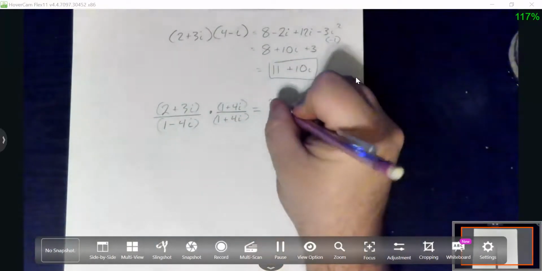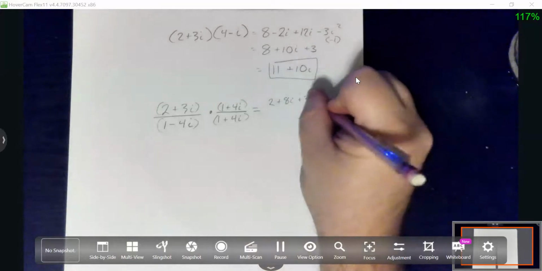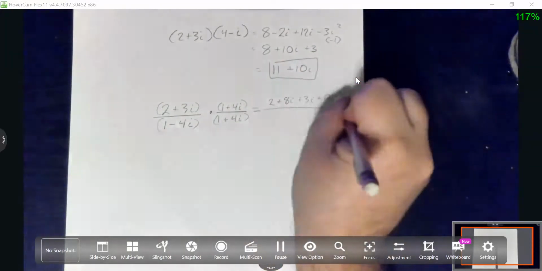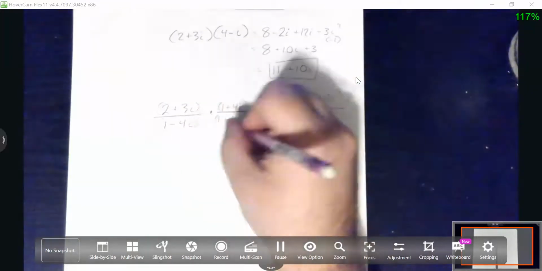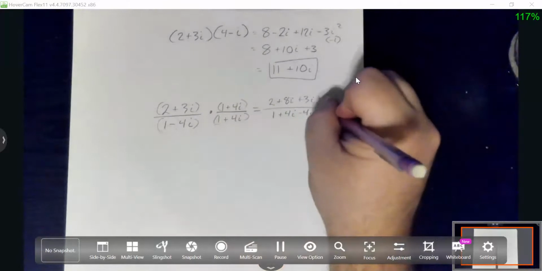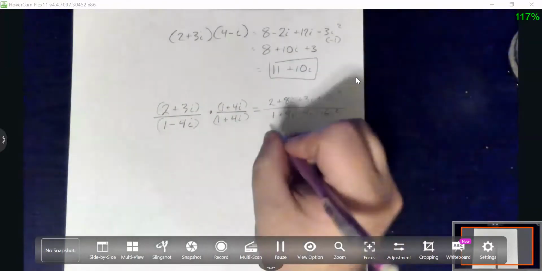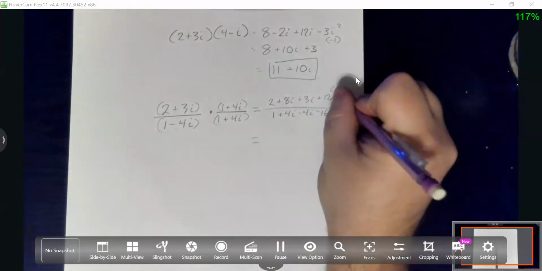So up top, we get 2 plus 8i plus 3i plus 12i squared. On the bottom, we get 1 plus 4i minus 4i, and then minus 16i squared. Top and bottom, we simplify. Remember that i squared is just negative 1.